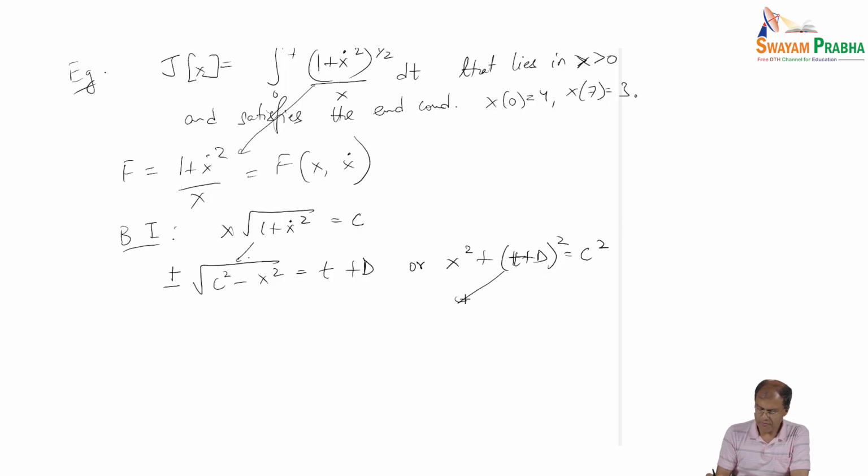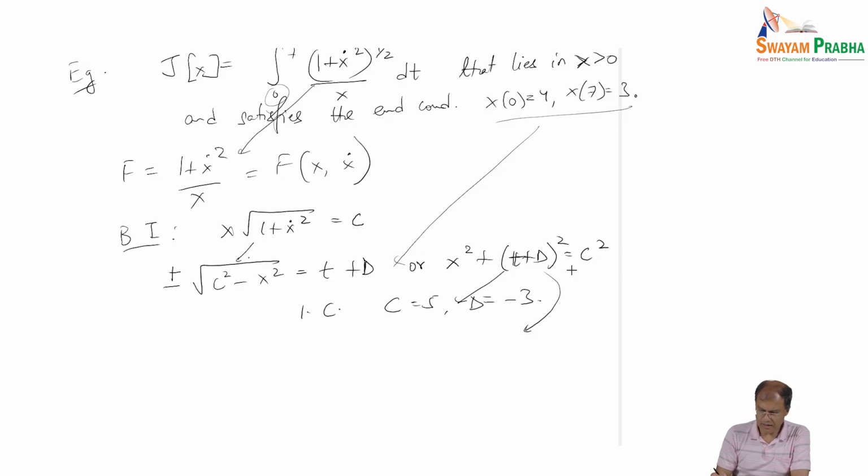So if we use the initial condition, which is given by these endpoint conditions here, I see that my constants can be found, and these are the values of the constants. So if we plug all these values, this curve is the well-known curve. It is a circle with center 0, 3 and radius equal to 5.